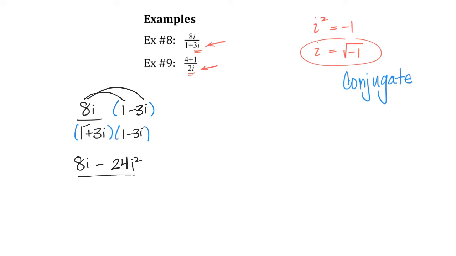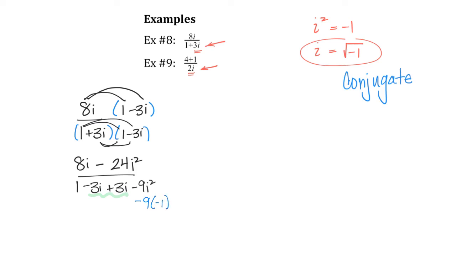In the denominator, 1 times 1 gives me 1. I have a negative 3i. I also have a positive 3i. And 3i times negative 3i is a negative 9i squared. Just like we saw before, these guys are going to go away. I have this negative 1 that I'm going to substitute in here for the i squared.